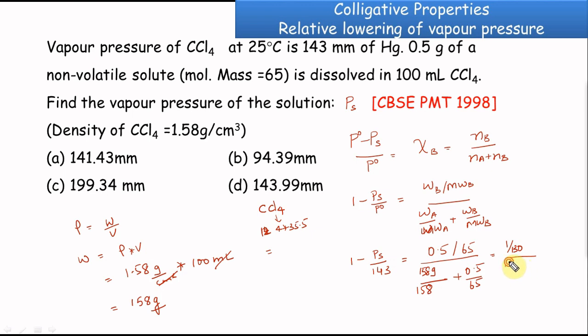So if I do 158 by 158, which is 1 plus 1 by 130, this is approximately going to equal 1 by 130, because 1 plus a small number is 1 by 130. So I have 1 minus Ps by 143 is 1 by 130. Now that tells me Ps by 143 equals 1 minus 1 by 130, that equals 129 by 130, roughly 1. So now I know that Ps by 143 is 1, Ps equals roughly 143.